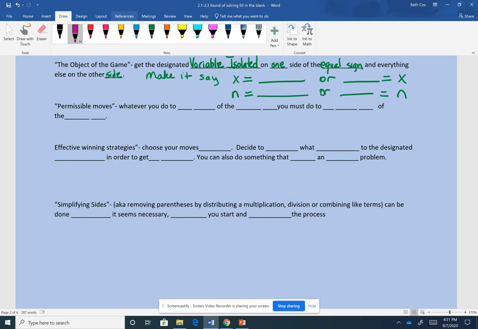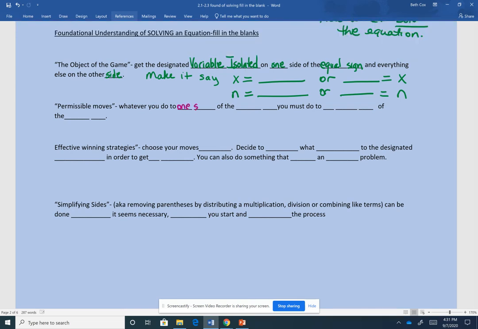Whatever you do to one side of the equal sign, you must do to the other side of the equal sign. This is kind of like equal. Equal means the same. If they're equal, you must treat them the same. Whatever you do to one side, you do to the other.